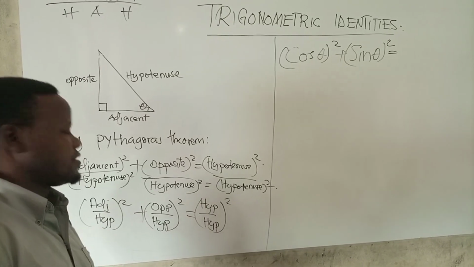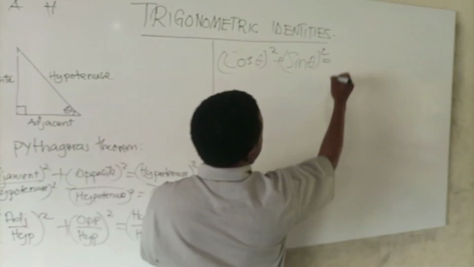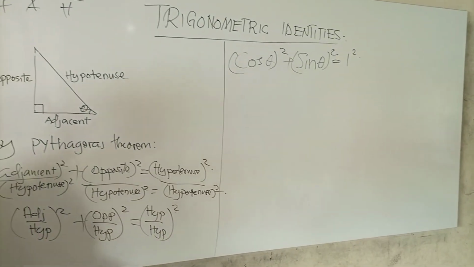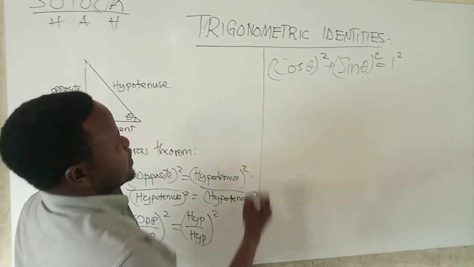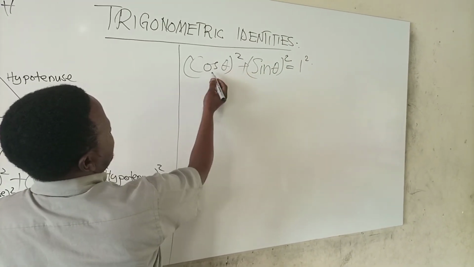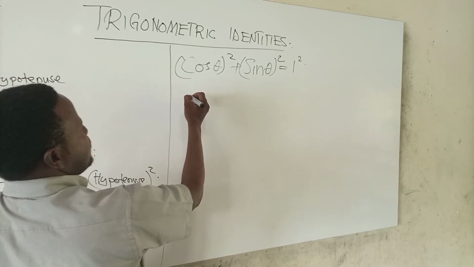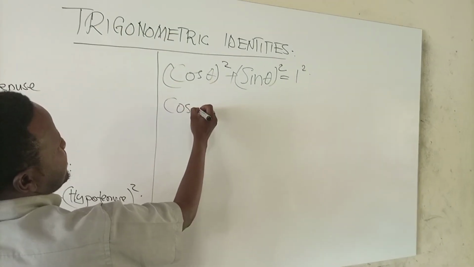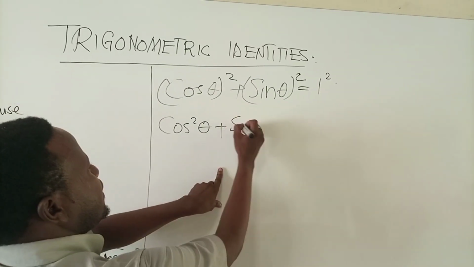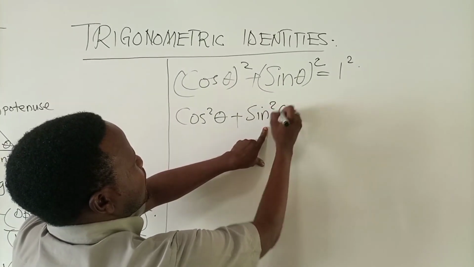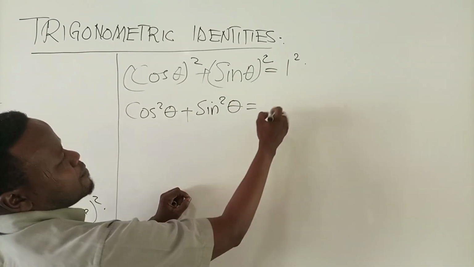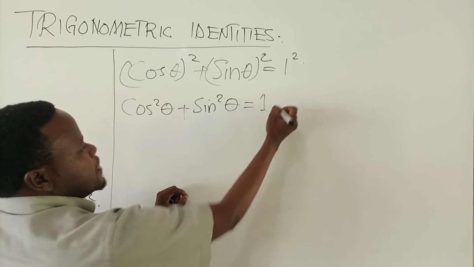Actually, this will simplify to 1, because hypotenuse over hypotenuse is 1, and it is again squared. So here we have cos theta squared, which we can write as cos square theta, plus sine square theta is equal to 1 square. So 1 square means 1 times 1, which is equal to 1.